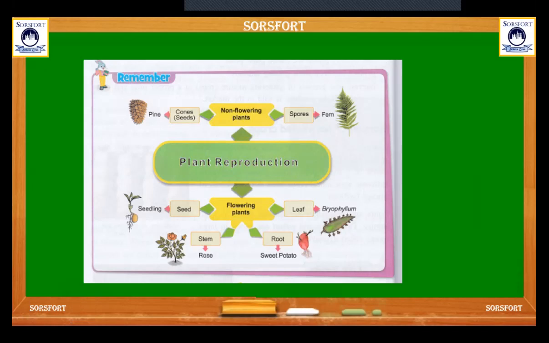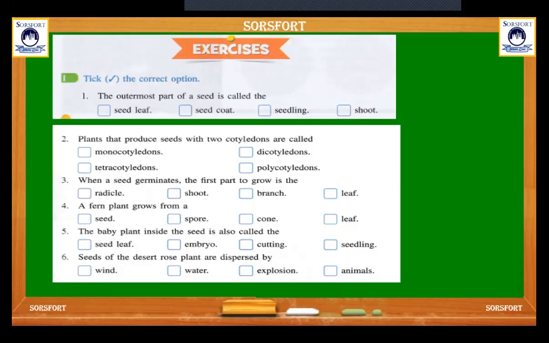From stem, an example is rose. From roots, an example is sweet potato, and bryophyllum is an example of leaf. These are all vegetative parts of the plants. Let's come to non-flowering plants. There are two types of reproduction, that is cones and spores. Spores you can find in fern, and cones, that is seeds, you can find in the pine. Let us start our exercise.